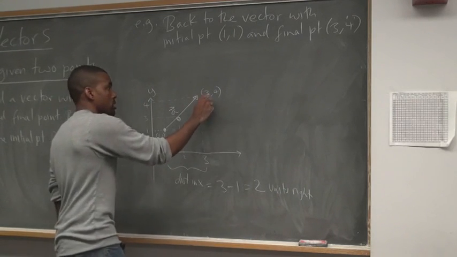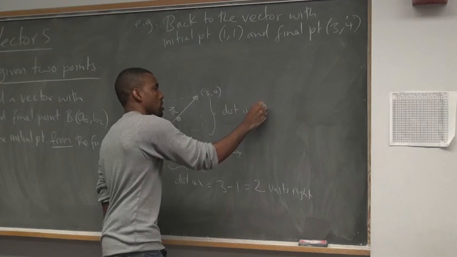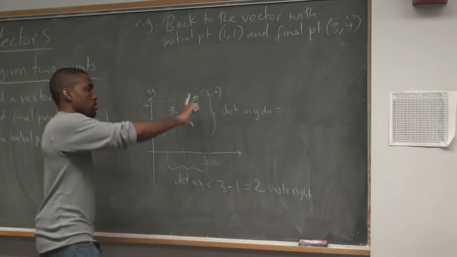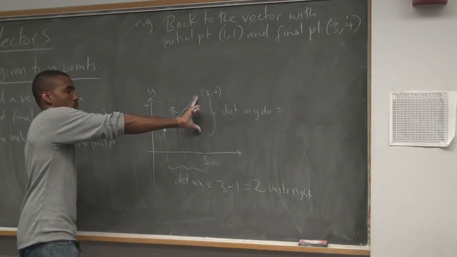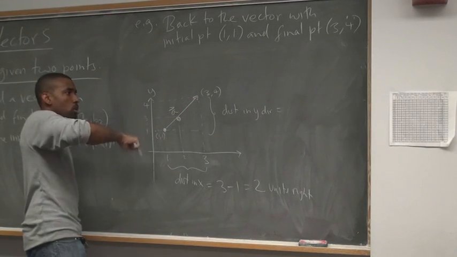If you talk about the distance in the y, well, you find the distance between these two, but that is just a subtraction again. You actually subtract the y coordinates. 4 minus 1 will give you the length.